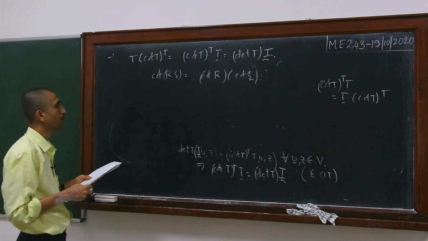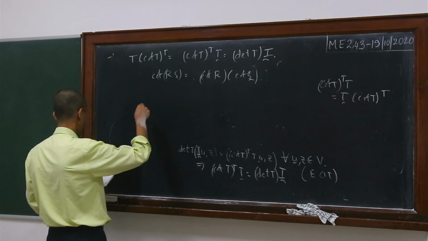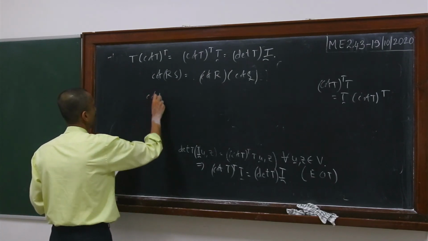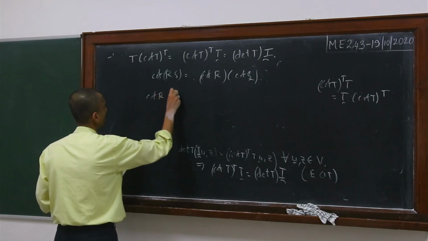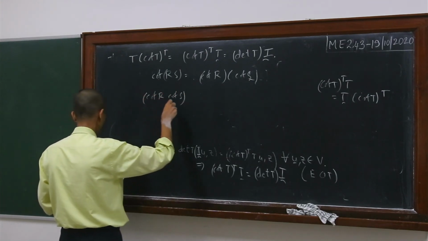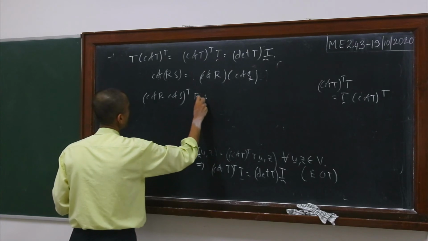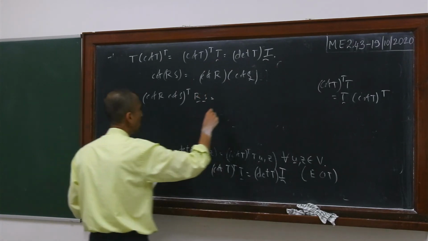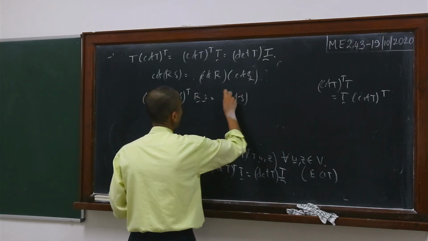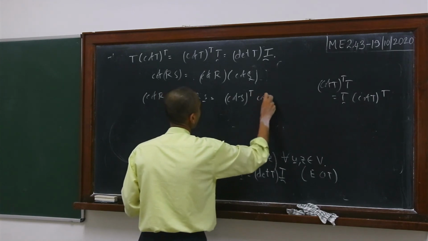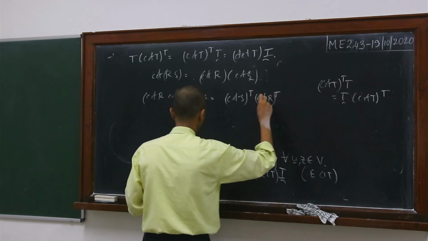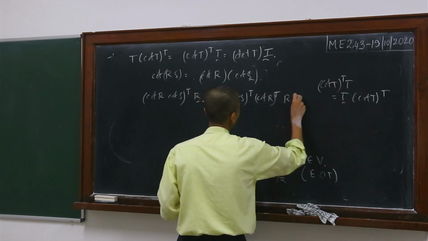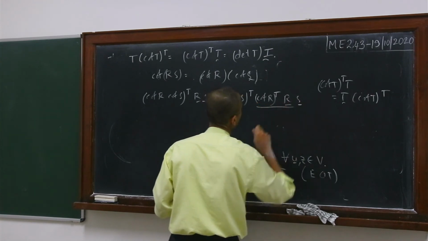For the proof, you can write cofactor R times cofactor S, transpose, times RS, which is equal to cofactor S transpose times cofactor R transpose times R times S. Then cofactor R transpose times R is determinant of R times identity.